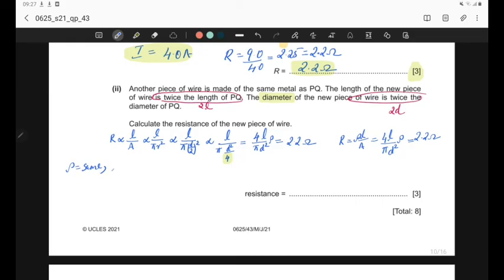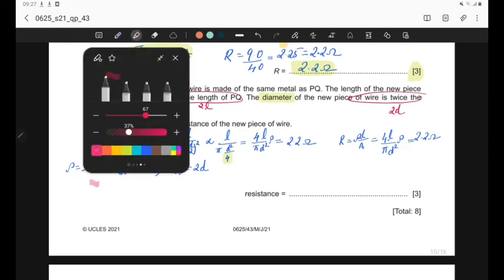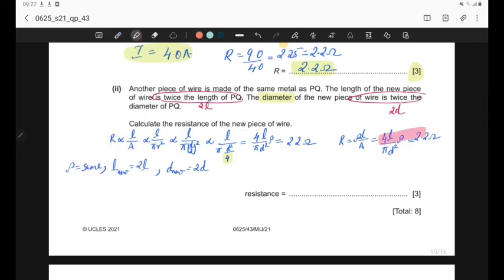The length of the new wire is 2 times the length of the old wire. Likewise, the diameter of the new wire is 2 times the diameter of the old wire. In this case, what will happen to the new resistance? To find out, we can use this relation.